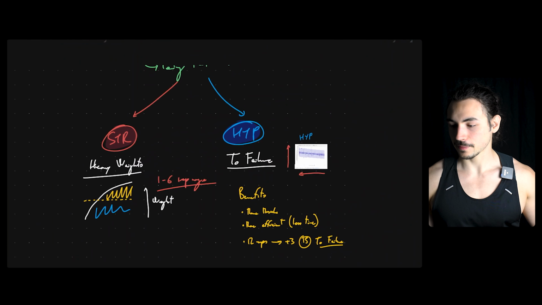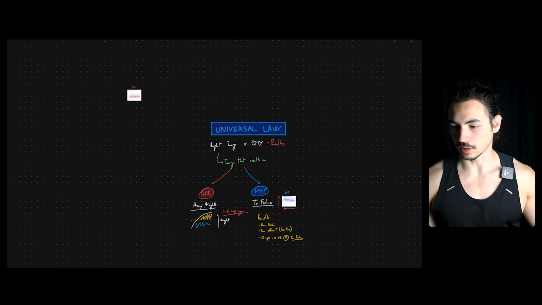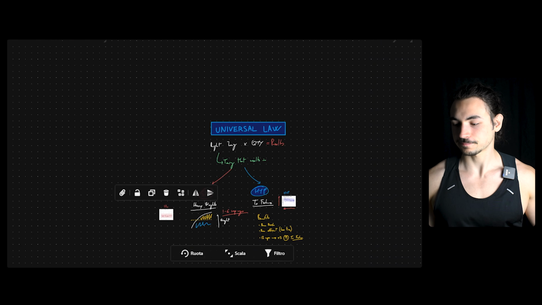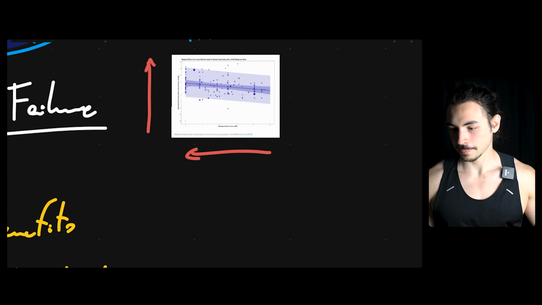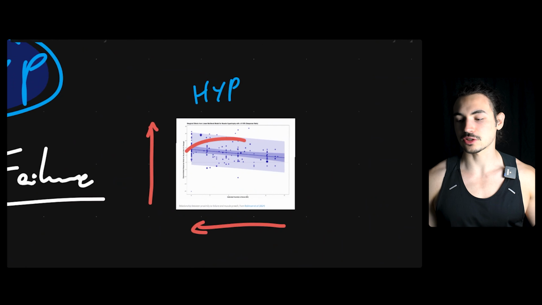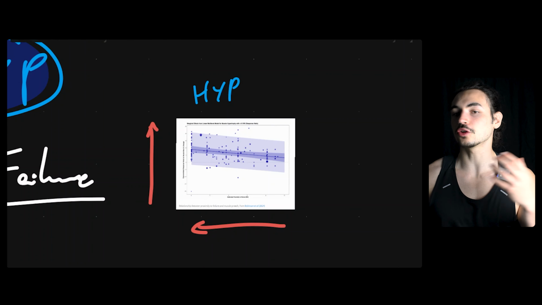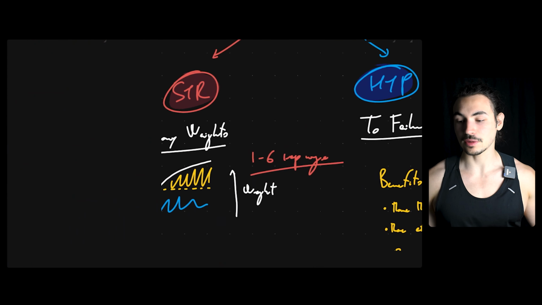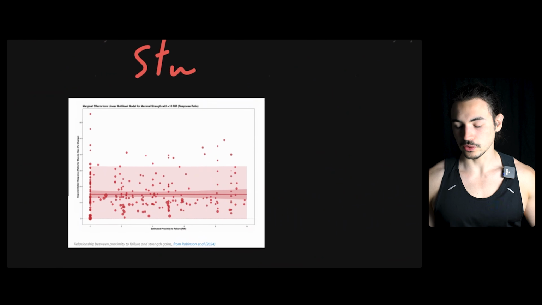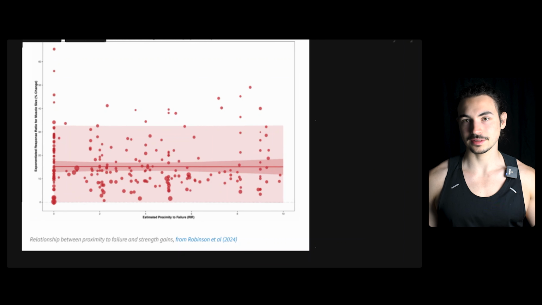So I have the other version of the chart. So we saw the chart for failure and how it relates to muscle growth. And you see that the closer you go to failure, the more muscle you build. But for strength, it's actually pretty different. You can see here the chart is flat.